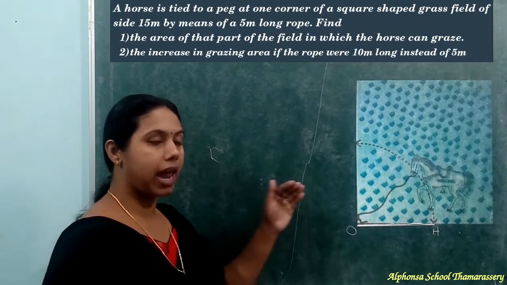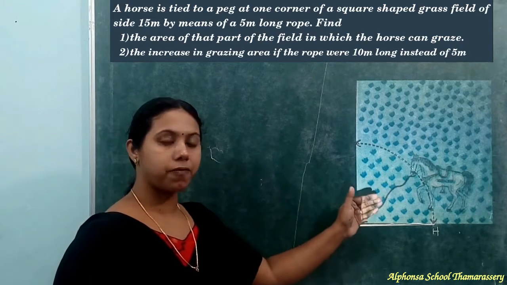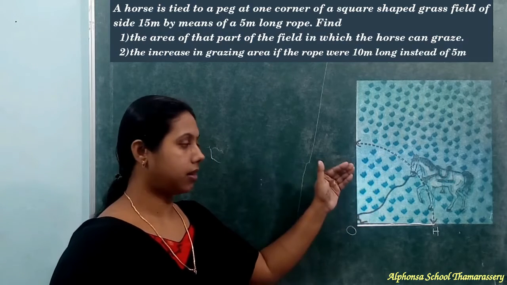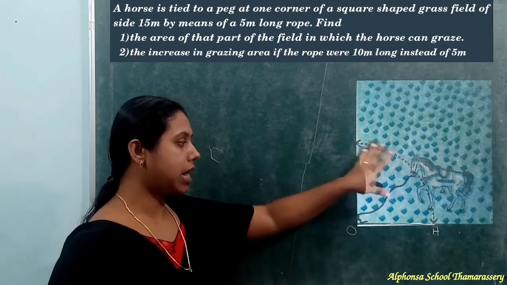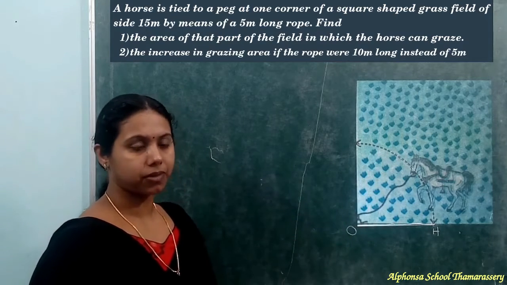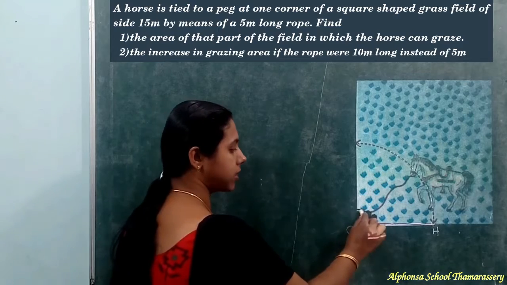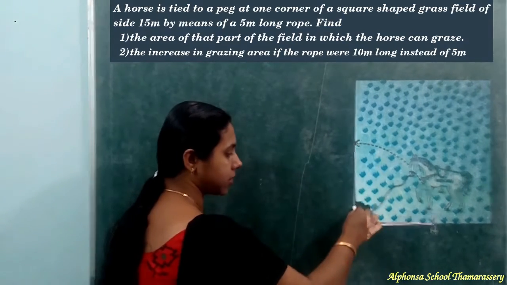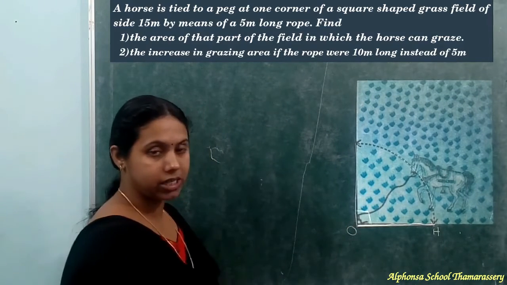We want to find the area of the field in which the horse grazed. That will be equal to the area of this sector, or area of this quadrant, because the angle of the sector is equal to 90 degrees because it is a square-shaped field. The angle of the square is 90 degrees.